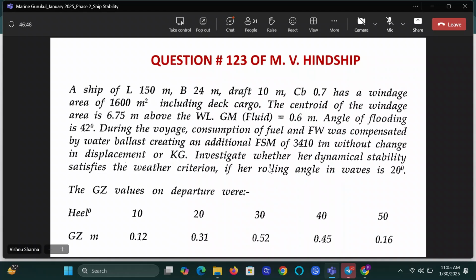But it has led to creation of an additional FSM without the change in the displacement or KG. Investigate whether her dynamical stability satisfies the weather criteria if the rolling angle in waves is 20 degrees. GZ values of departure are as given. Is it clear, guys? Have you understood what is there?